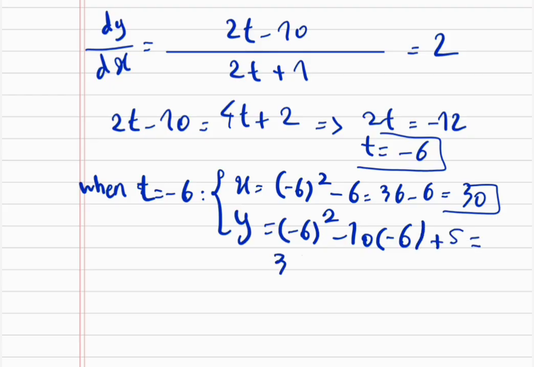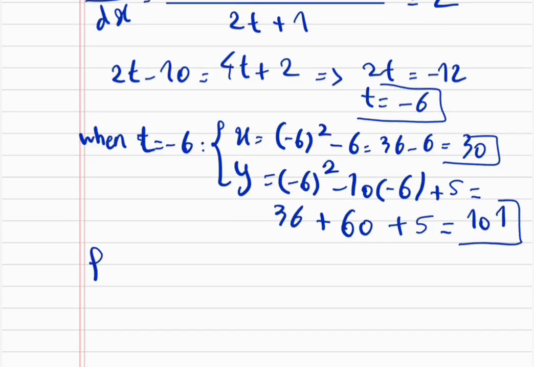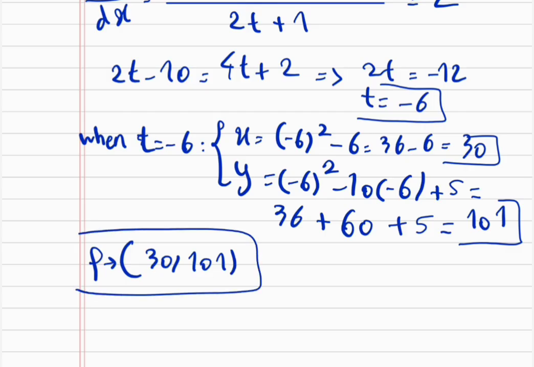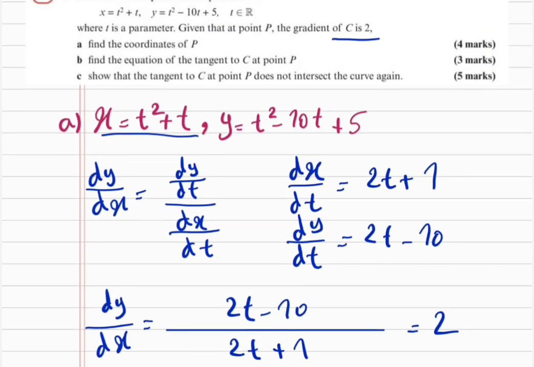So that's 36 here. Then here is 60, and then 5. And it's equal to 101. And this is our y coordinate. So the point P has coordinates 30 and 101. So that's part A, the answer to part A.